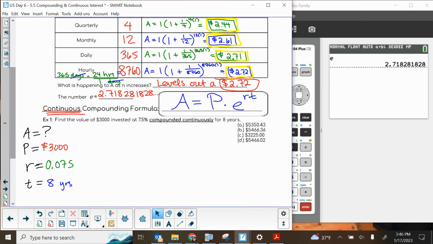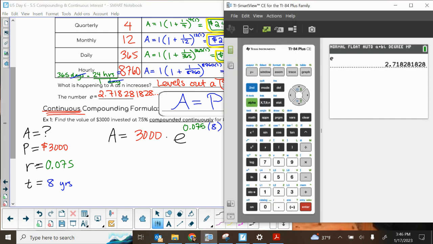So using this formula, A equals P times e to the rt, my P is 3,000, and then times e raised to the 0.075 times 8. So to put that in my calculator, I'm going to say 3,000 times, and then I had an e over here, but over here above the ln, I have an e that's already raised to something, and then you can put in parentheses, especially if you're using a scientific calculator, make sure you're using parentheses.